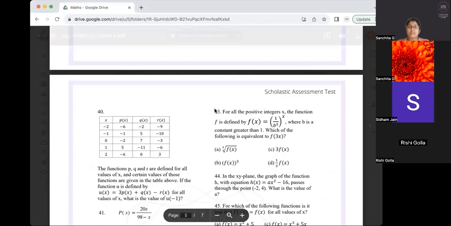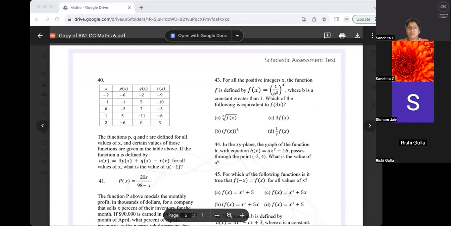Okay. 43. Good question. A little bit of exponents property is used. A, no. This is a tricky question. So f of 3x, right? I'll put 3x instead of x. So 5 whole to the power 3x, right? So what do I have?